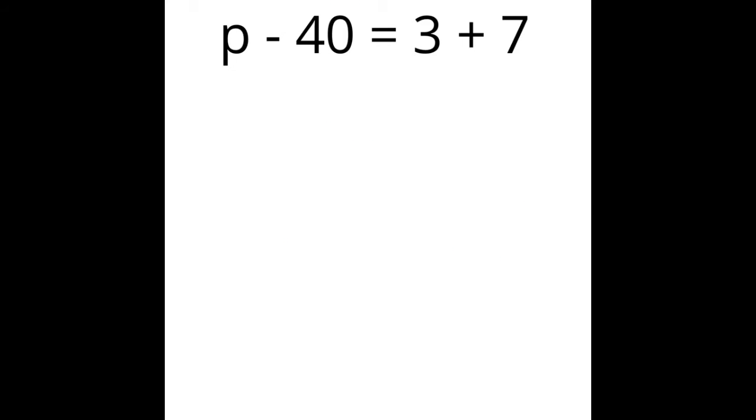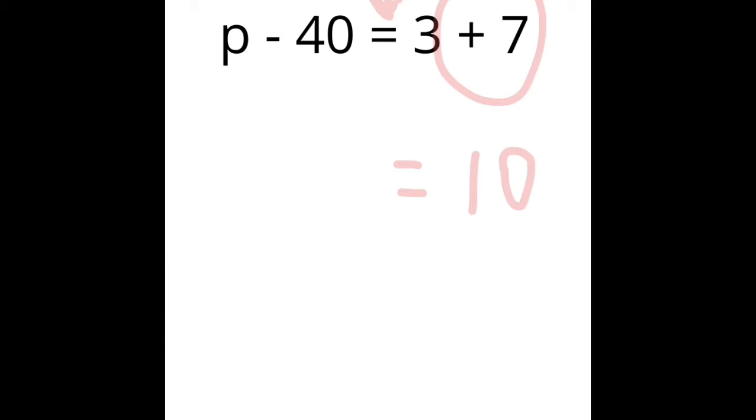In this next equation, again, I know it's an equation because I see the equal sign right here. On one side of the equation, I have p minus 40, and on the other side of the equation, I have 3 plus 7. Well, I know that I can combine these two numbers together to equal 10. So I know that in order for my equation to be balanced, to be equal, both sides need to be equal to 10.